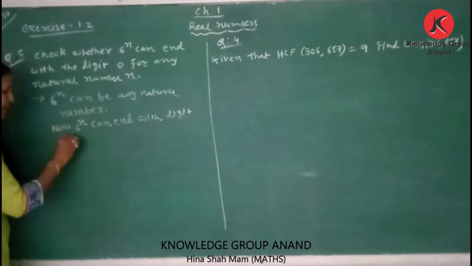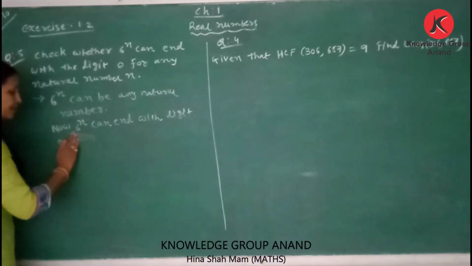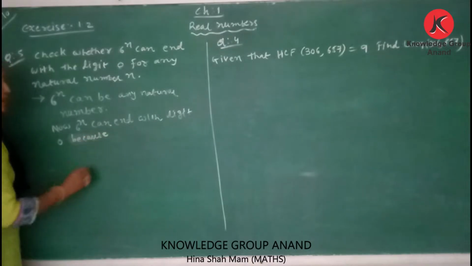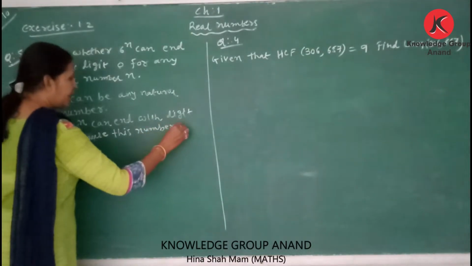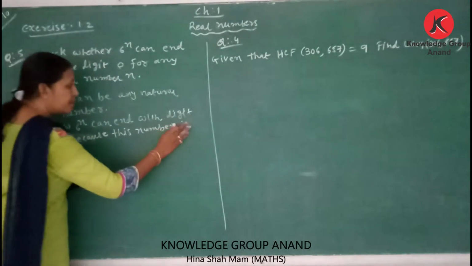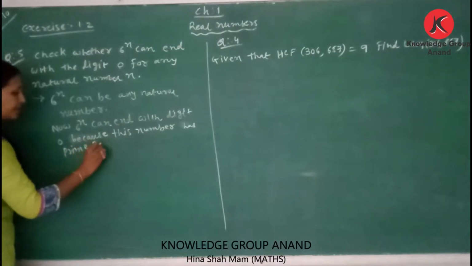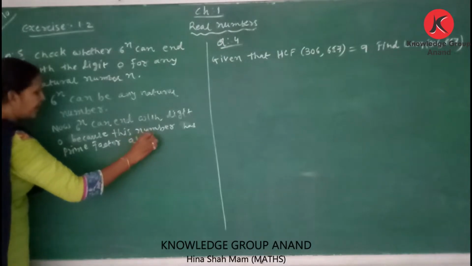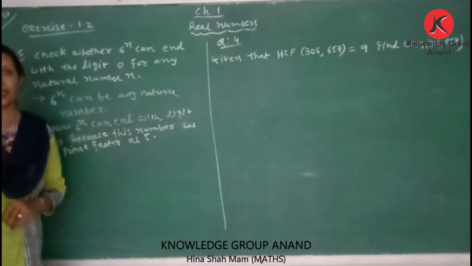Here, 6 raised to n can end with digit 0 only if this number has prime factor 5.